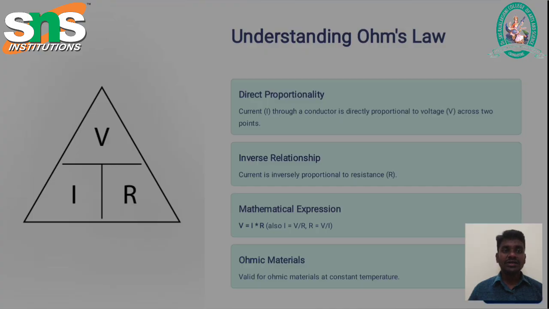The current is inversely proportional to the resistance, that is R. Mathematically, V is equal to I into R. Also we can say I is equal to V by R. From this equation you can find the resistance value, R is equal to V by I. These are the mathematical equations for Ohm's law.